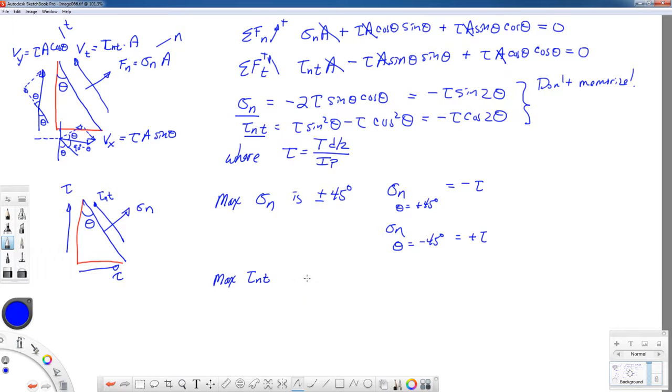That's why it's a negative sign. And because stresses at right angles are equal, that's why it can also be 90 degrees. And so in this case I get the extreme values of either minus tau or tau.